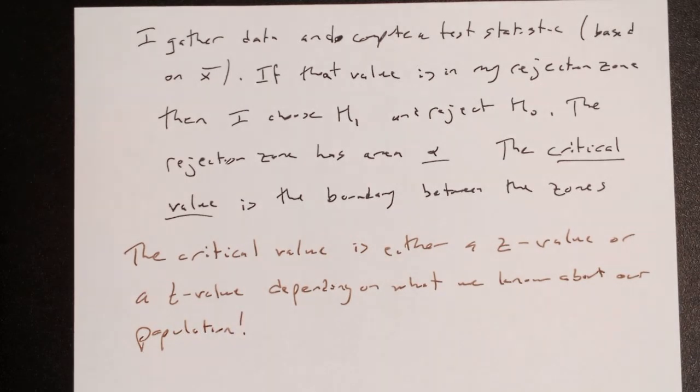And I'm going to make the same choices that I made about confidence intervals here. So I'm going to decide to use a z for a mean, depending on whether or not I know what.